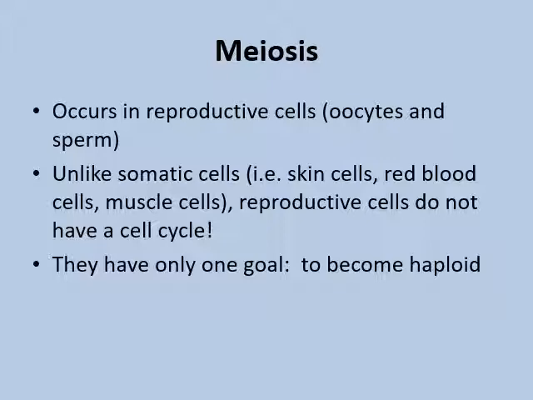And then you go through puberty and different things happen. But that's why you have to have kids, if you're going to have kids, at a fairly early age, because your eggs age with you, which is not prime for child rearing. Okay, so these do not just keep going through cell cycles and making new ones. They only have one goal, and that's to become haploid.